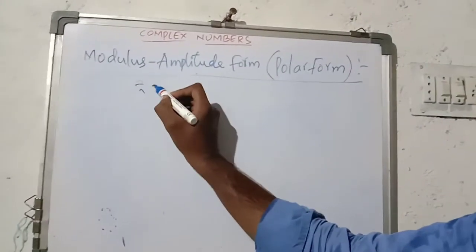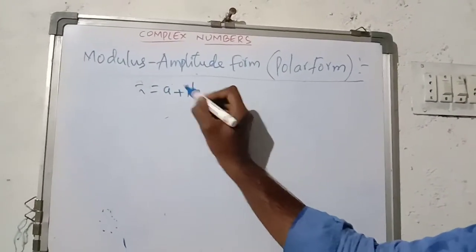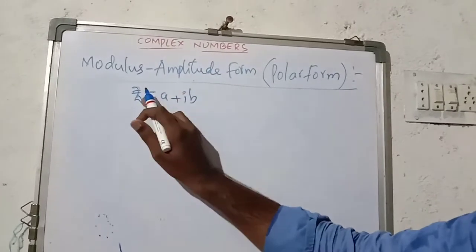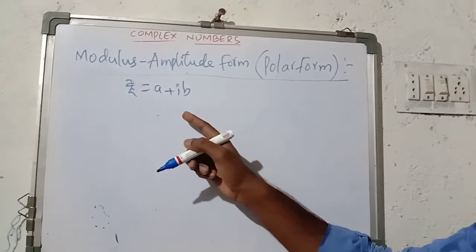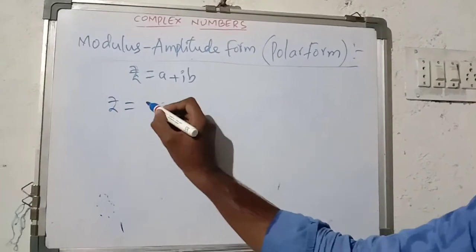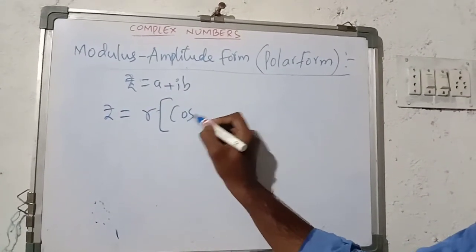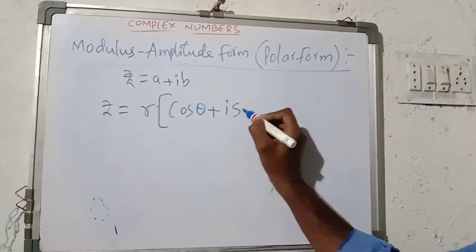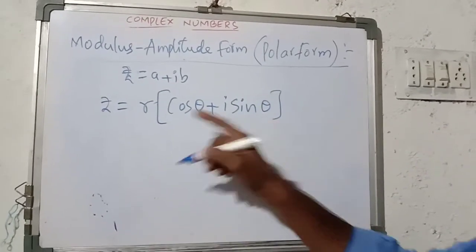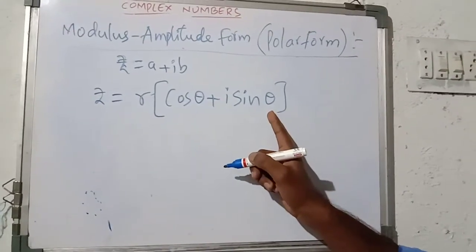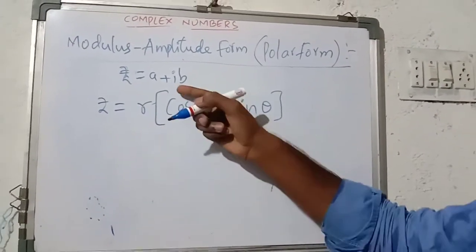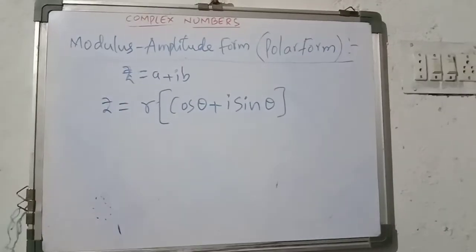If z equals a plus ib is a given complex number, then the modulus amplitude form for this is z equals r into cos theta plus i sin theta. z equals r into cos theta plus i sin theta is the modulus amplitude form of the given complex number z equals a plus ib.